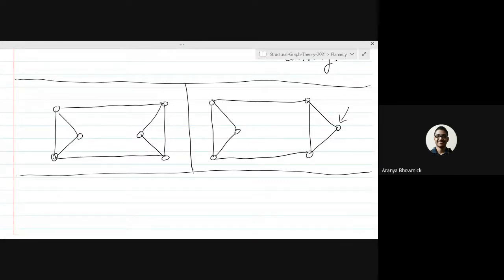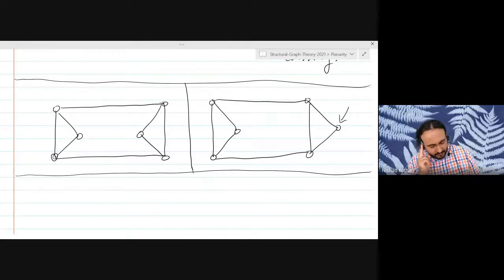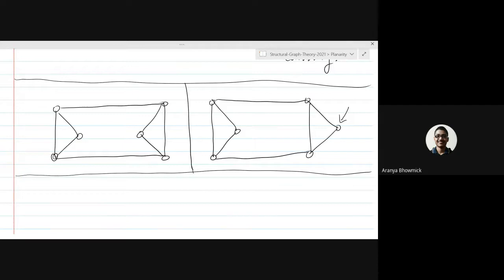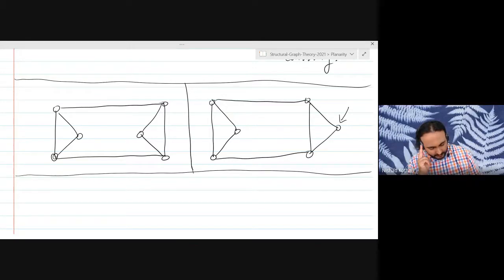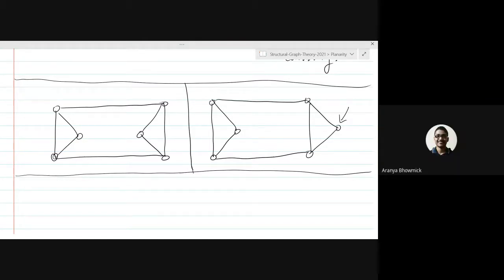So in the first embedding, there is no face which is adjacent to more than three faces. But in the second embedding, there is indeed a face which is adjacent to four faces. There are total four faces only in both drawings. Yeah, there are total four faces, but in the first drawing, there is no face which is adjacent to four faces.